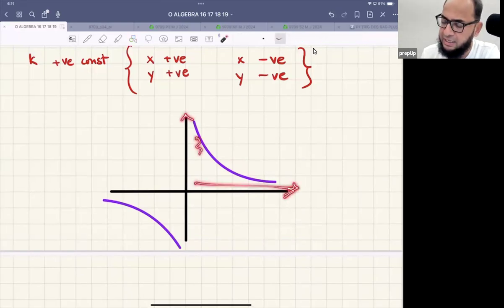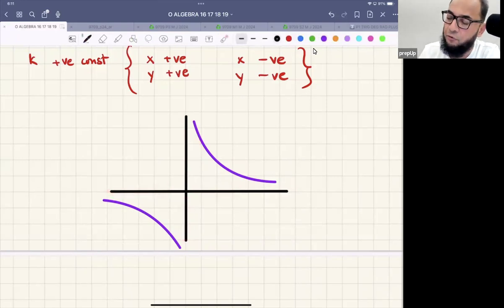X increases, y decreases. When x is positive, y is positive. When x is negative, y is negative. So therefore, it's in the first and the third quadrant. This is the first quadrant, and this is the third quadrant.